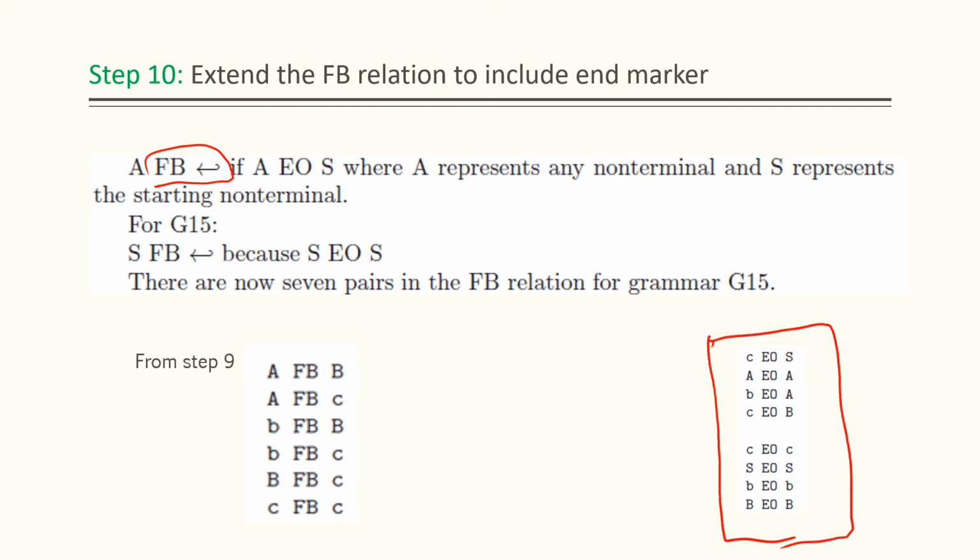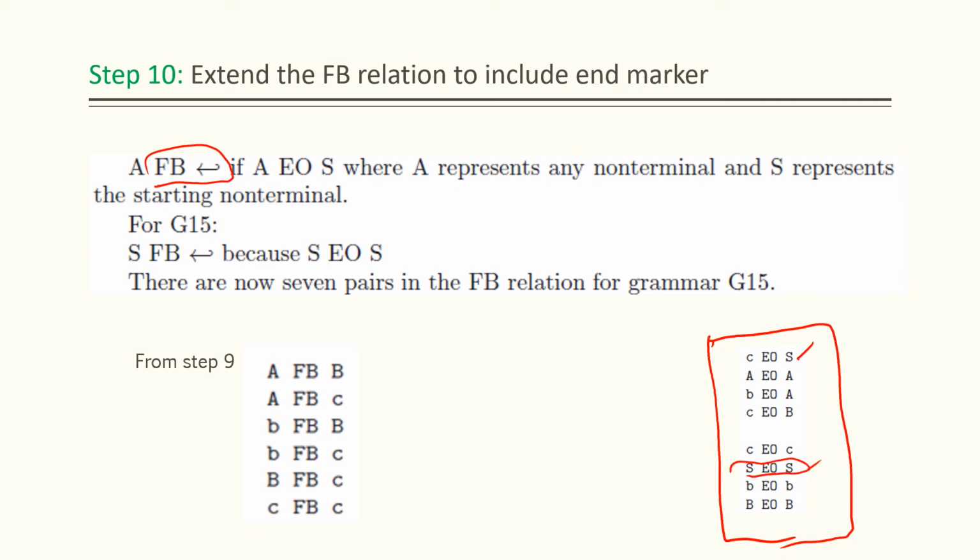So we look into A, EO, S, where A can be any non-terminal. So look at these kinds of pairs: any non-terminal, EO, and S. If you look here, the ones that have a second string of S are the first one and the third last. But the one that has a non-terminal as the first string of the pair is the third last here.